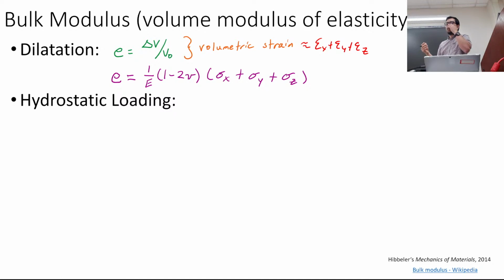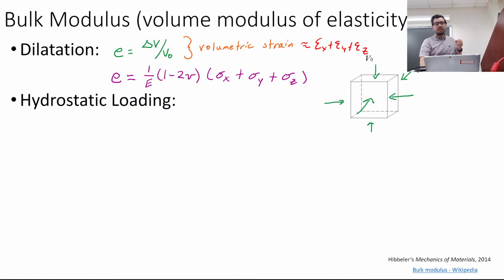So in hydrostatic loading, there are these pressures acting inward, compressing the object. So now the stresses acting on the object are in the negative sigma x, negative sigma y, and negative sigma z directions.